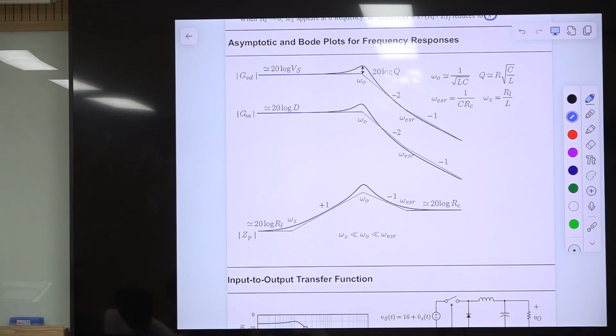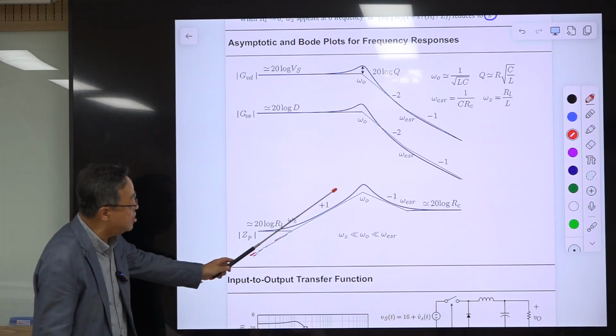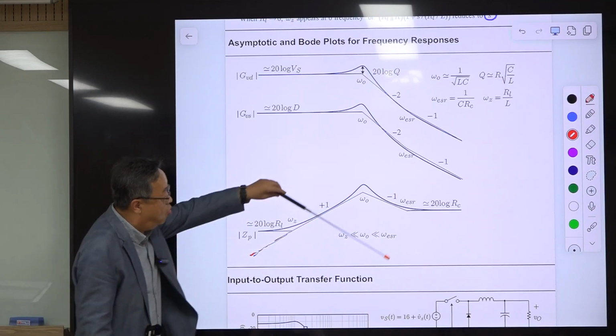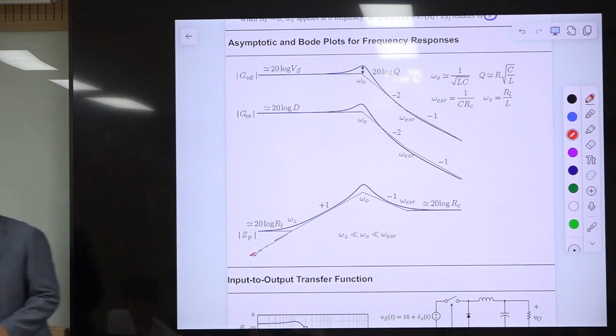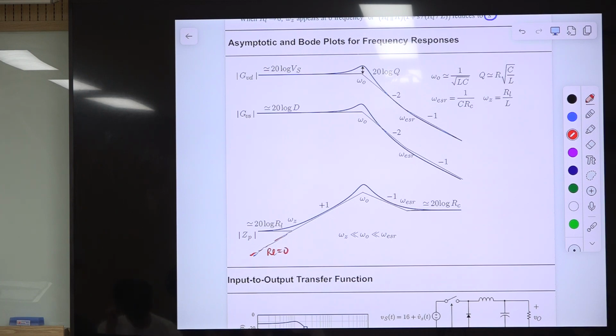If ESR is 0, then this curve starts from the +1 slope, with this differentiation, and goes to the -1 slope at this double pole frequency. So this is the case when this RL is 0.